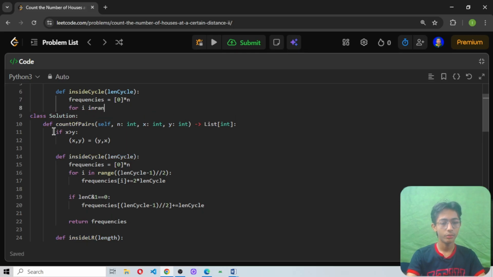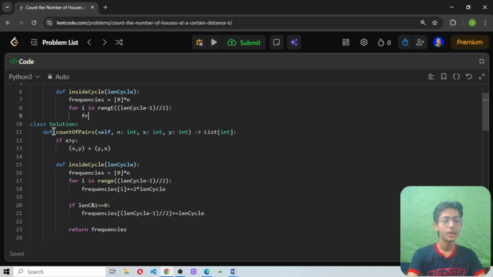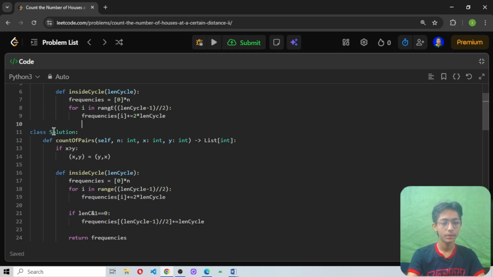For i in range length cycle, we define frequencies again, i plus equals to 2 multiplied by length cycle.